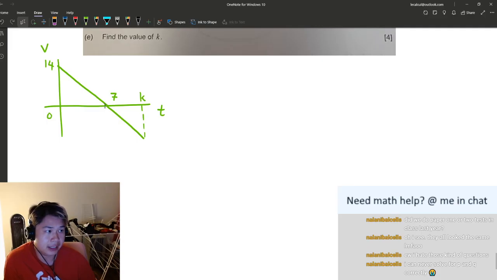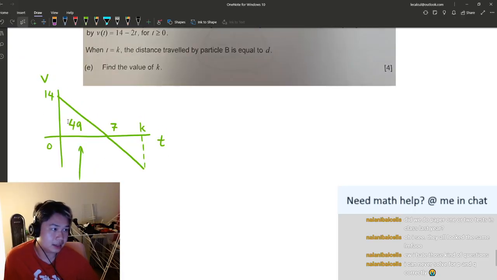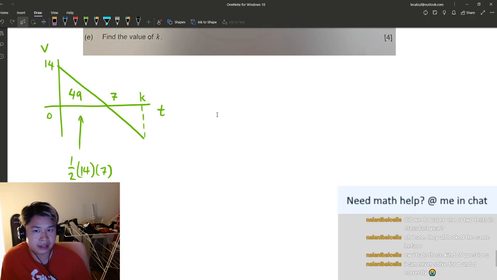Area is 1/2 times 14 times 7, base times height divided by 2, which is 7 times 7, which is 49. This is nice, because we need the total area to be 52. So this area needs to be 3.